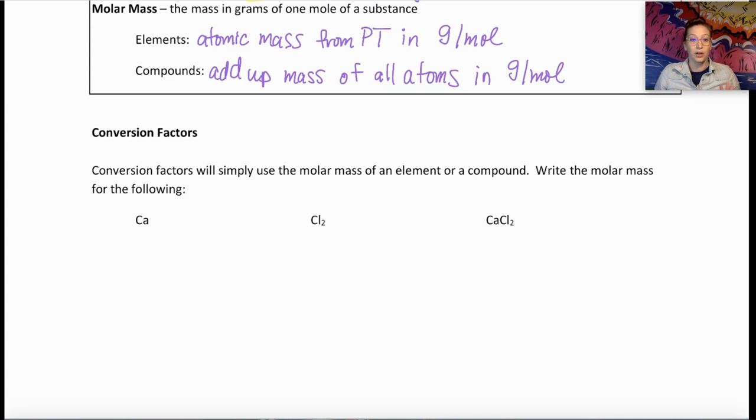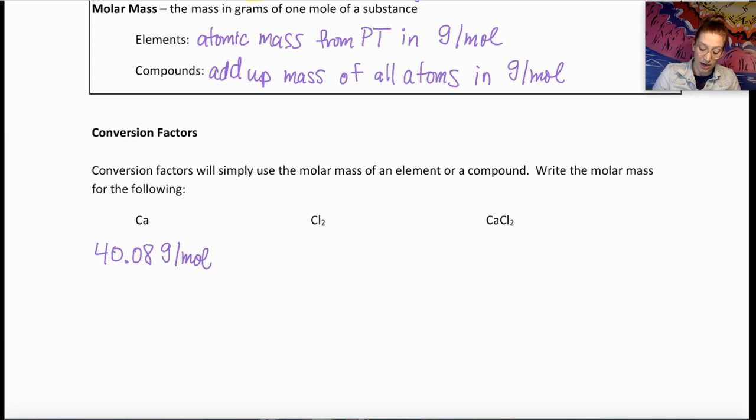Okay, so if we look for the molar mass of calcium, this is an element. It's a monatomic element, so all we're going to do is look up its value from the periodic table. If you find that, it's going to be 40.08, which is the mass value listed on the periodic table. And we're going to put this as grams per mole.